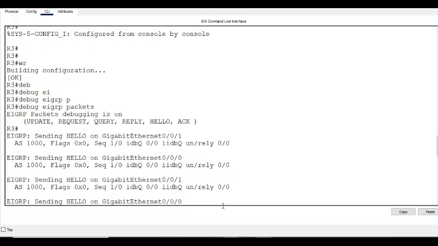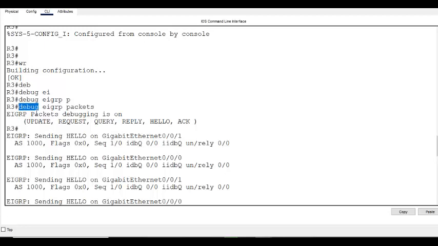Okay, let's see if any other command is there. I was using debug EIGRP packets, right? Do we have any detail? No. Now I want to see debug IP EIGRP summary.